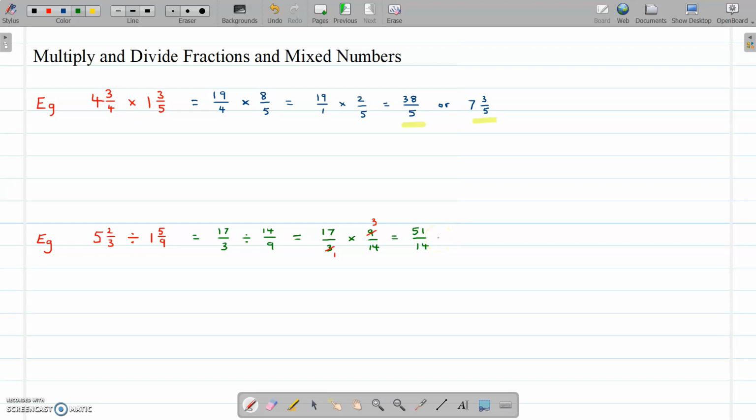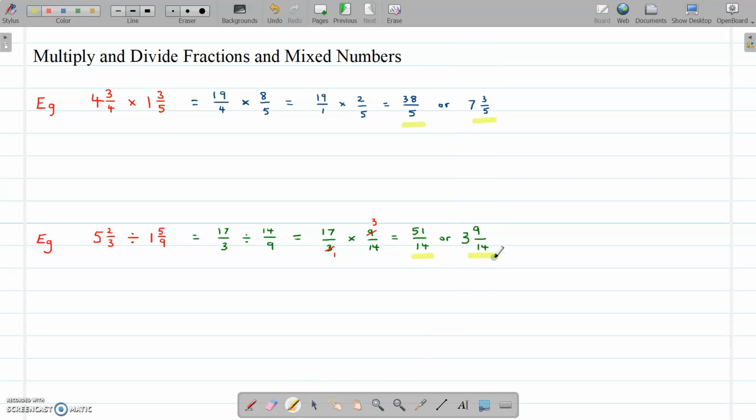There's no number that divides into 14 and 51, so therefore that's the answer. Or if you prefer, you can see 14 into 51 goes 3 times, which makes 42 remainder 9. So it's 3 and 9/14 if you wanted to write it as a mixed number.